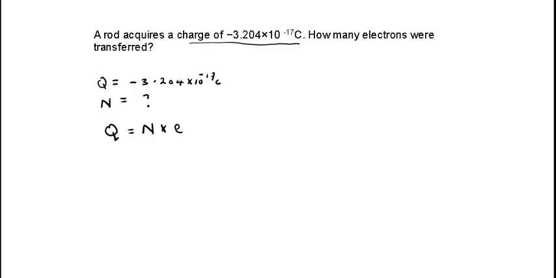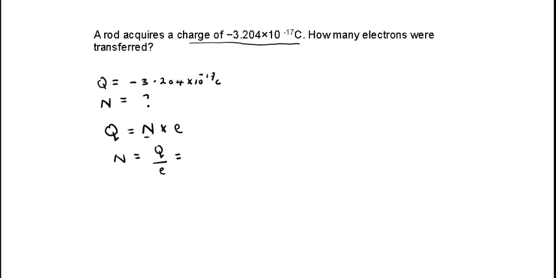But here, what we are looking for is the number of electrons transferred. So we make N the subject of the formula. We now have N is equal to Q over E.